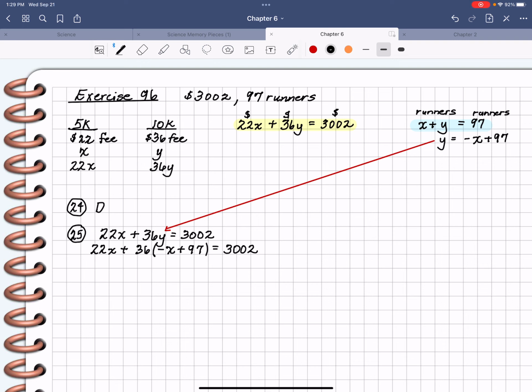I just have been in the habit all these years of substituting. I wouldn't want to graph this one myself, but you could. And then 36 times 97. You say, well, that's a huge number. It is. But remember, this was a lot of money that was raised at this event.